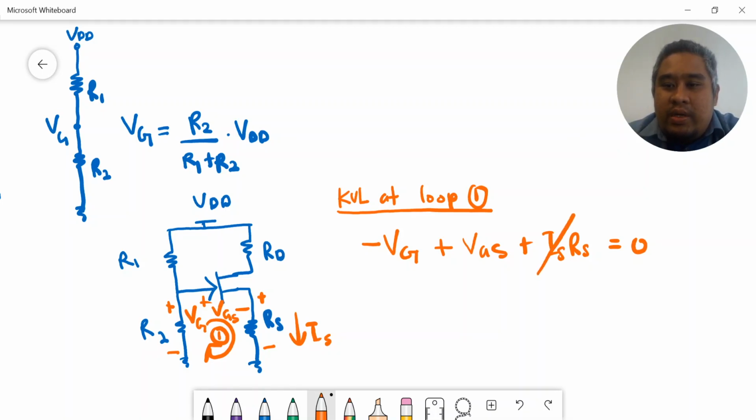Because we are applying IS equal to ID, so we can replace with ID.